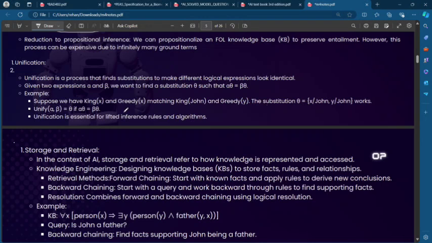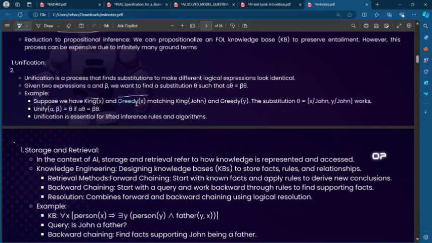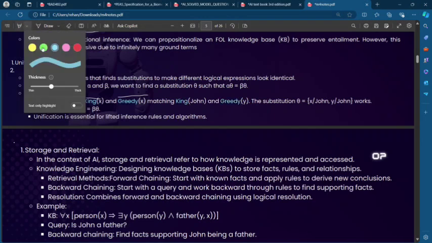Now see here, this thing first. Let me use highlight here. King and greedy is matching here, you can see king and greedy is matching. Let me try the green one.